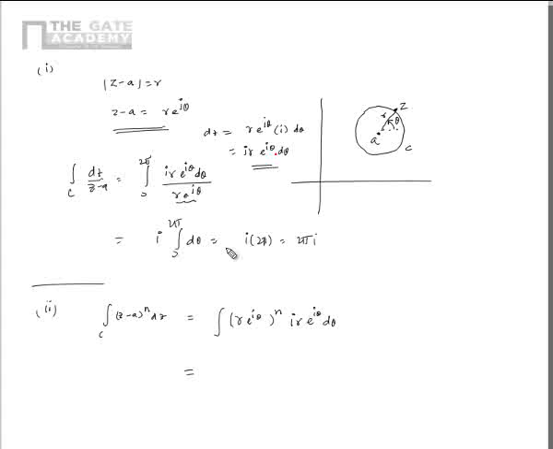So this becomes r power n e power n I theta into I r e power I theta d theta, integral from 0 to 2 pi. This can be written as I, r power n into r, which is r power n plus 1, integral from 0 to 2 pi of e power n plus 1 I theta d theta.